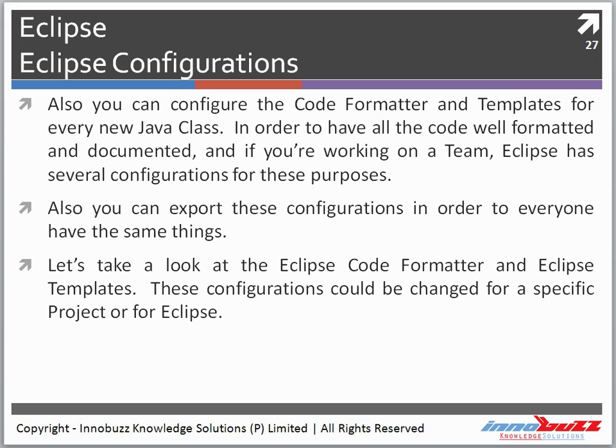The code formatter will be responsible for formatting your Java code, and in a team environment it is a must. The code template is more focused on comments configured for your Java files, as well as other files. Also, these configurations can be exported and imported. You can choose to have these configurations for Eclipse or for a specific project.